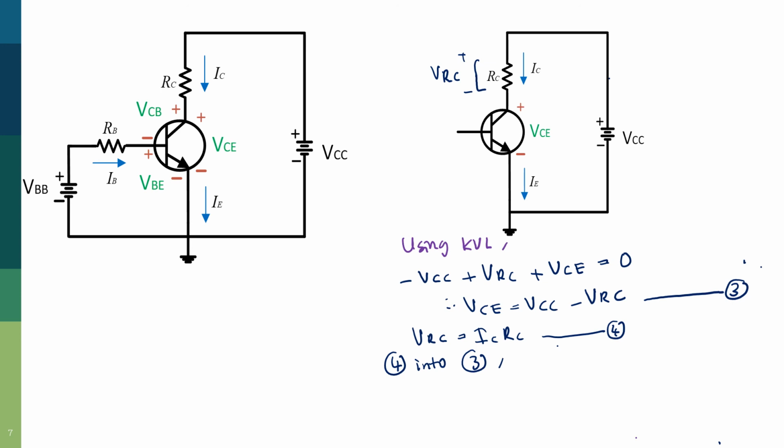So we will get VCE equals VCC minus IC RC, where IC is given by DC beta times IB.